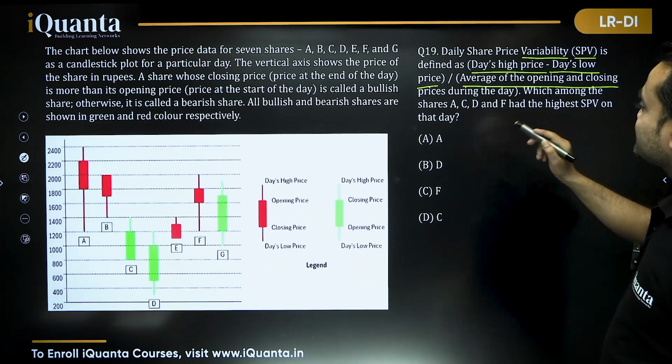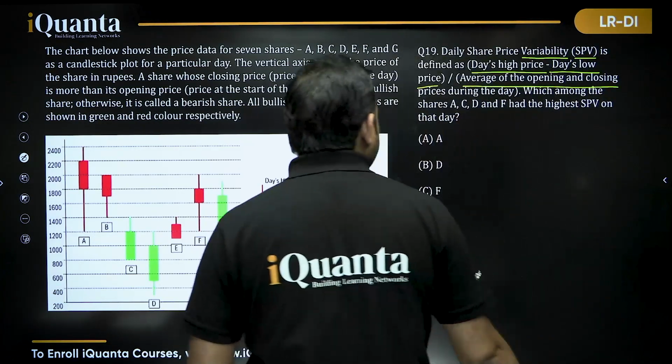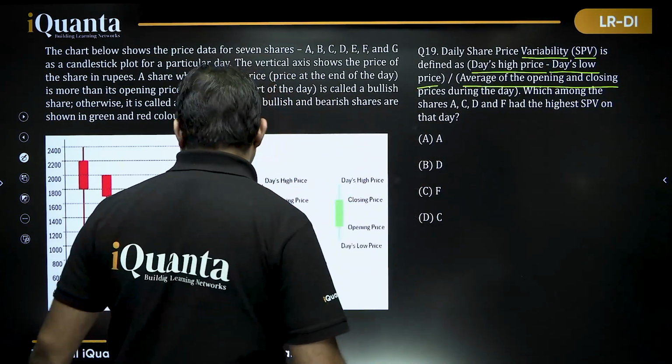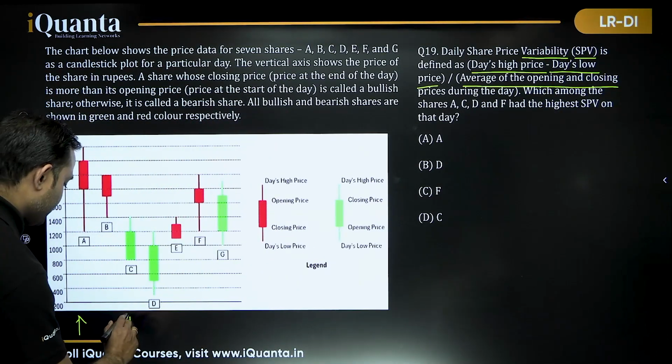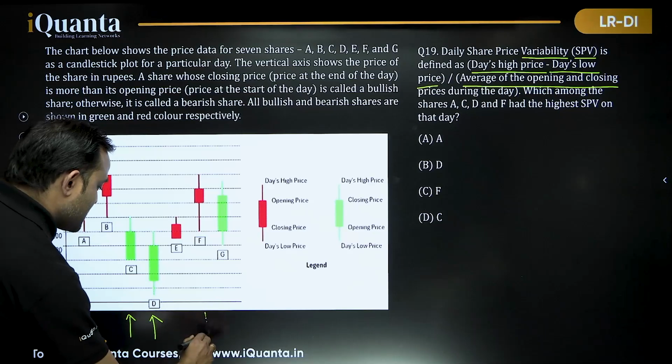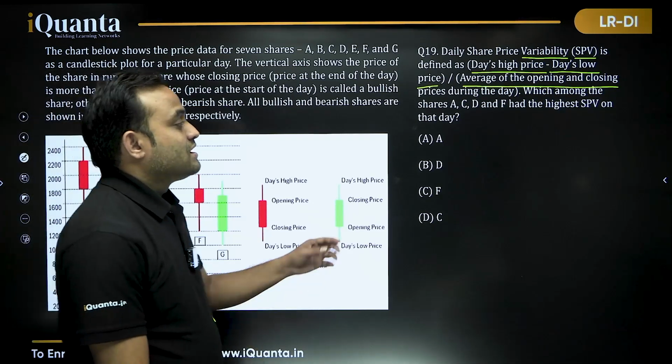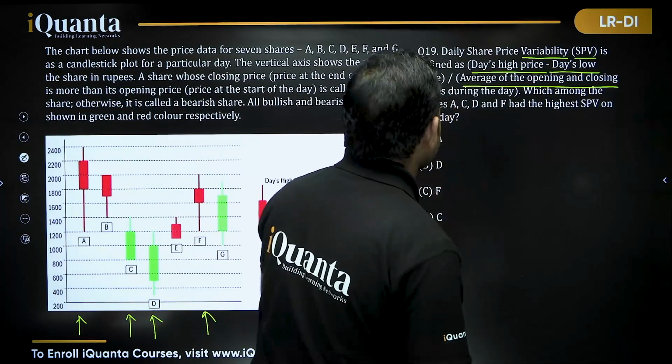Which amongst the shares A, C, D, F had the highest SPV on that day?